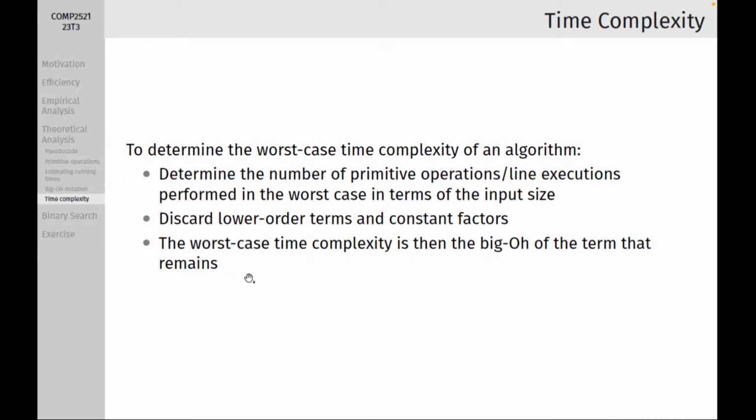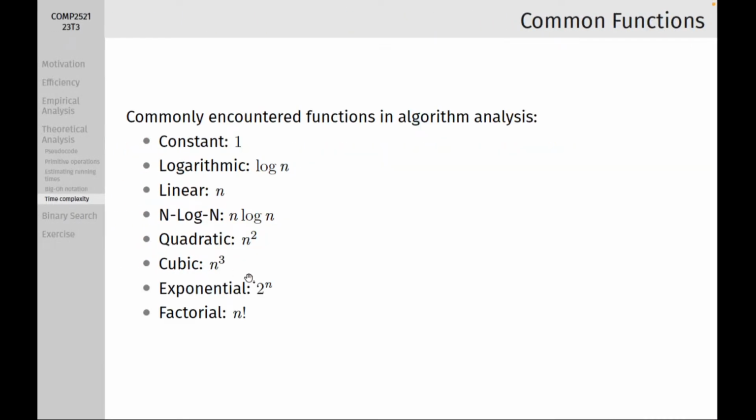So here are some common functions. Constant is 1, so it's O of 1. Logarithmic would be log n. Linear is n. N log n, we'll see next week when we look at sorting algorithms. Quadratic, which is n squared, we'll also see when we look at sorting algorithms.